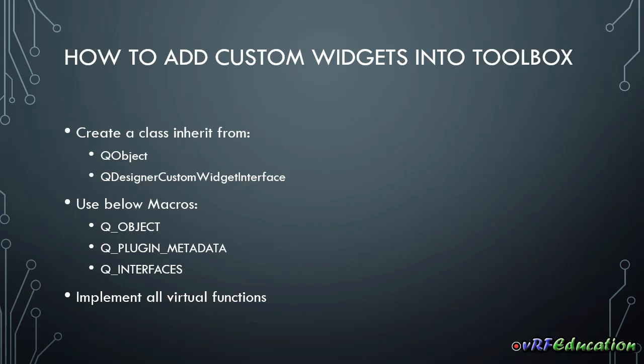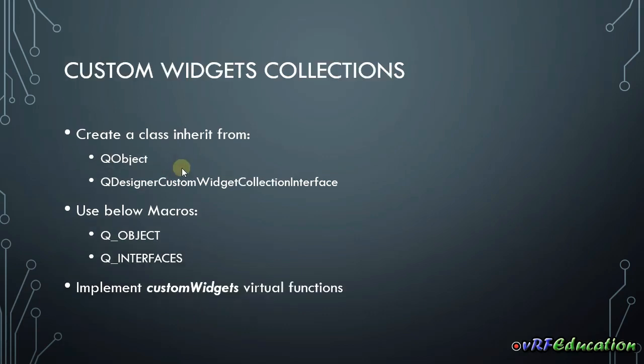And here, if you want to create a collection of custom widgets, you need to do one more step. Here we need to create a class that inherits from the QDesignerCustomWidgetCollectionInterface class. And in this class, we need to use these two macros and provide the name of this class again for these Q_INTERFACES macros. We also need to implement this pure virtual function, customWidgets.